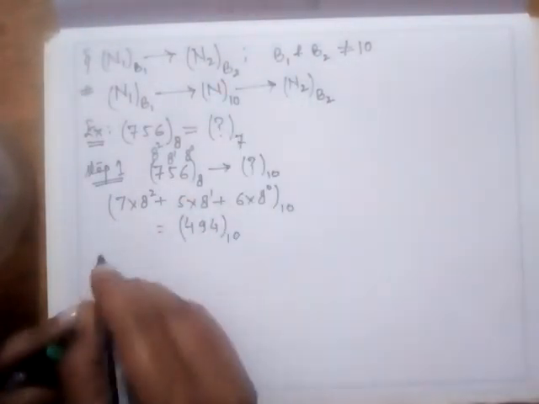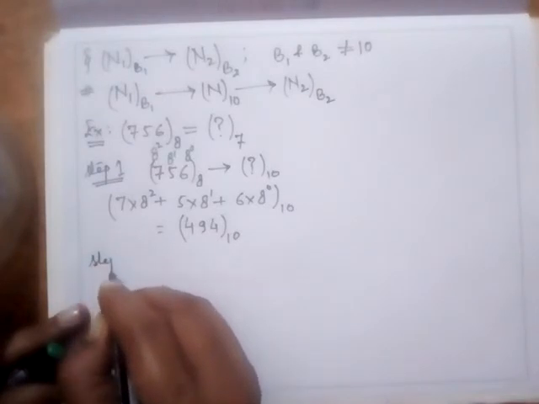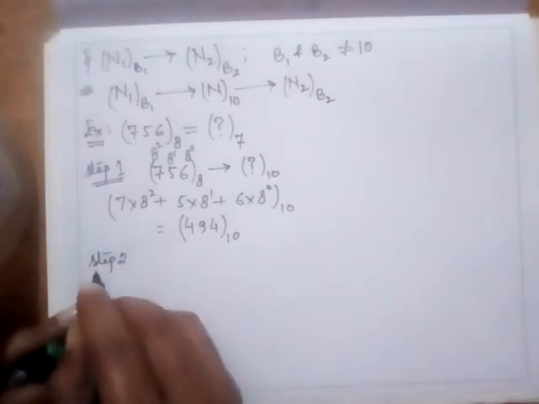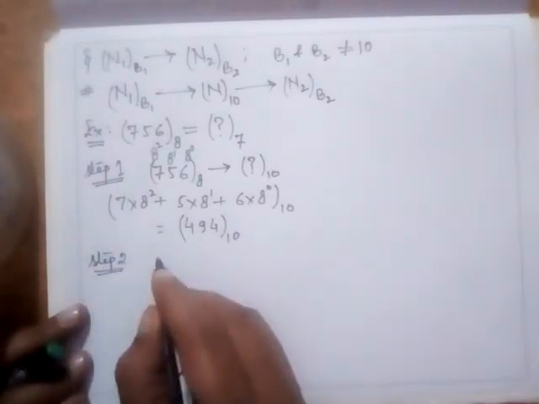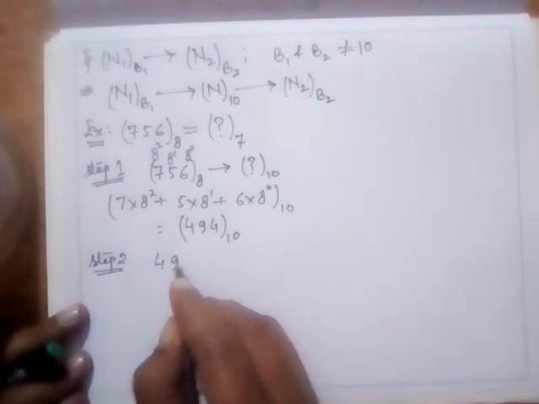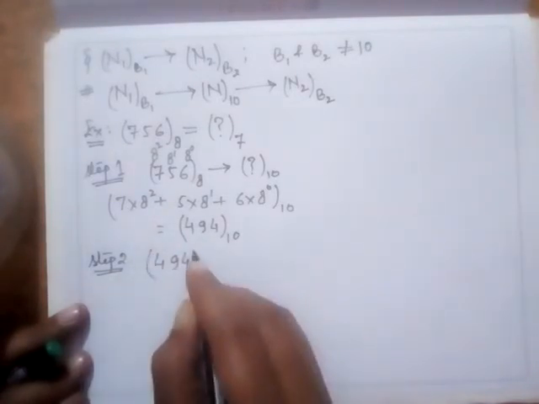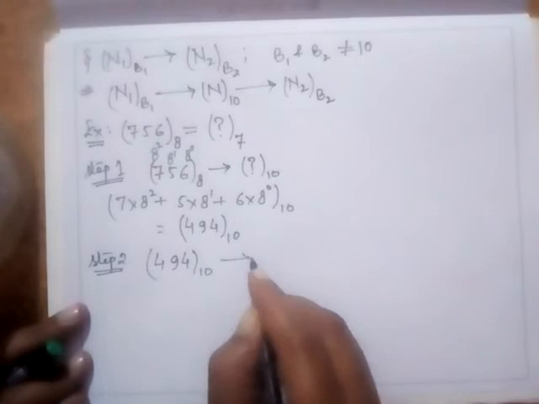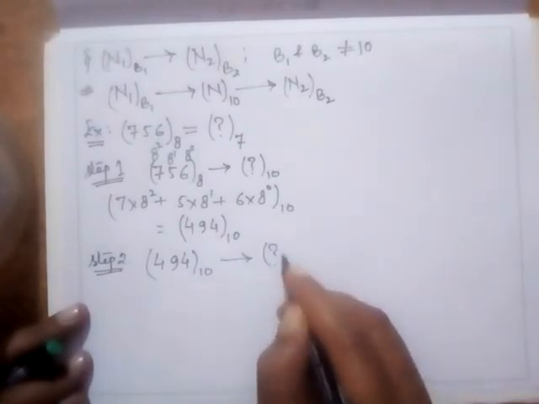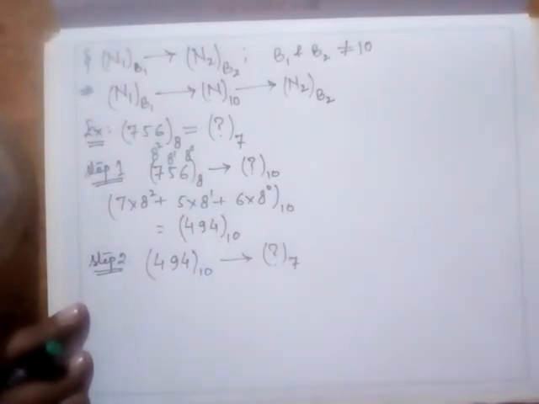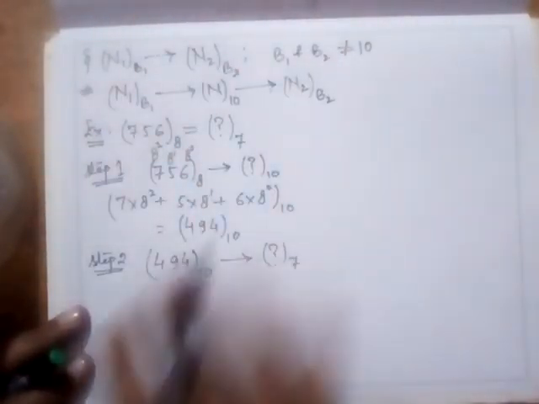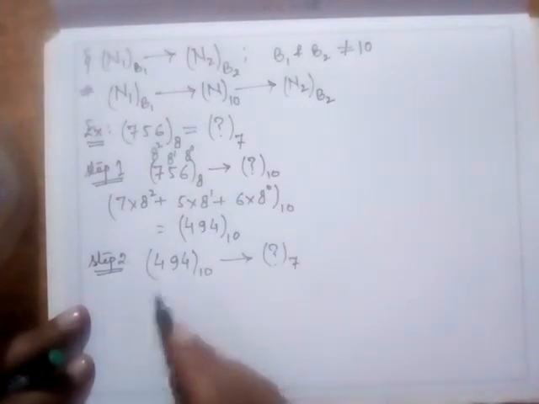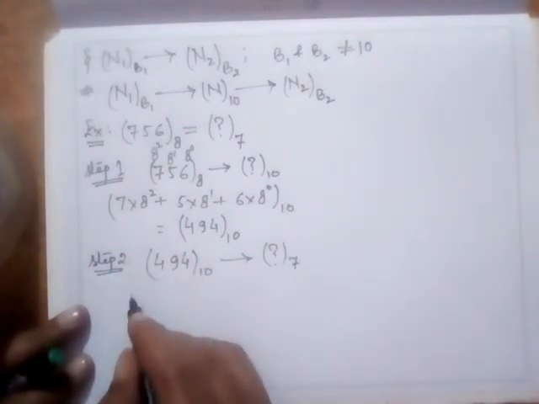So my second step is what I have to do: convert this number 494 with base 10 into base 7. It has only an integer part. Intentionally I have not taken the fractional part, just to save time. All I have to do is give you the concept only. So it is 494.